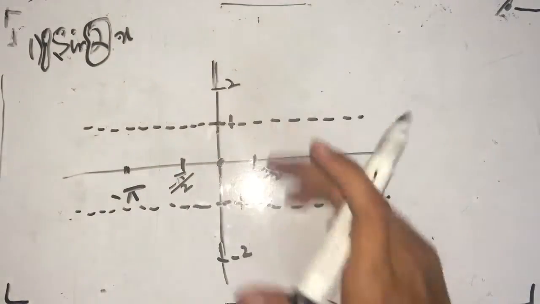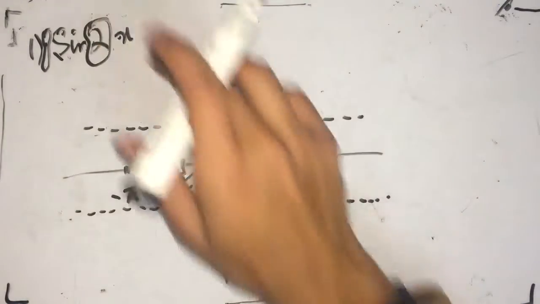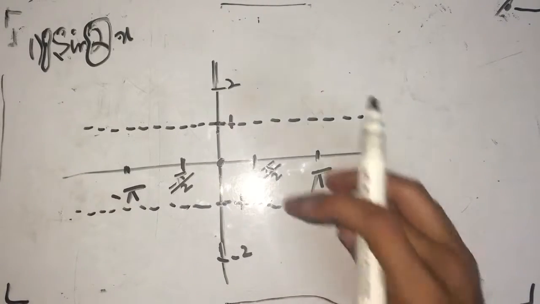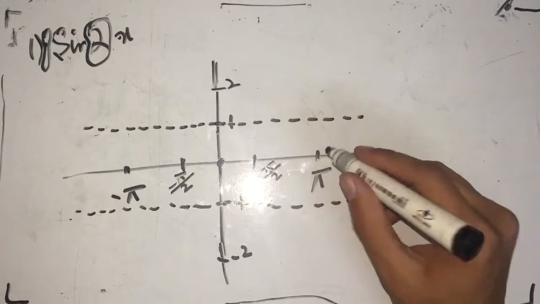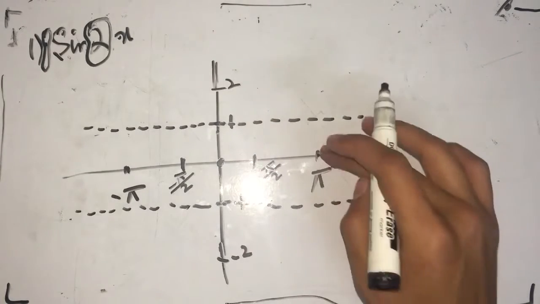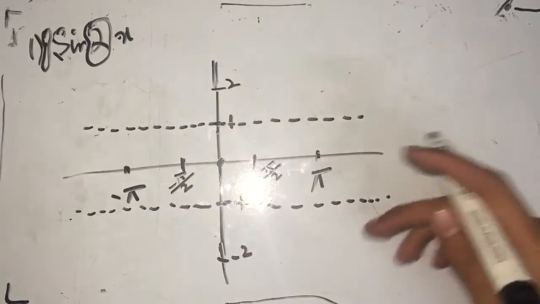Now you have sine of 2x, and the period of this function is pi, so that means it's going to repeat up till this pi. It's going to go up till this pi, and then it's going to go forward and repeat itself again.